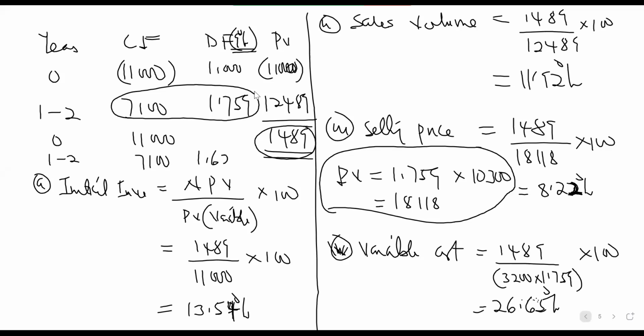If you multiply by the 7,100, what are you getting? 1.626 multiplied by 7,100. It's still giving us positive, isn't it? Yes, it's positive. So what do we do? Let's increase it further to 20%. That's why I said you should pick a reasonable rate. If you don't, you'll still be getting positive. So let's make it 20% and see.